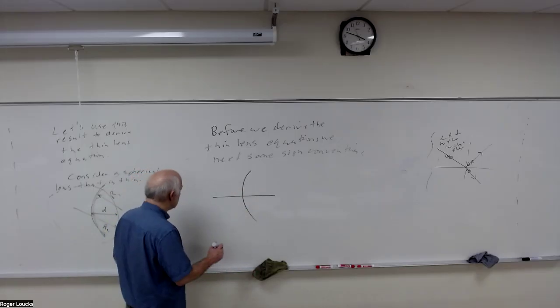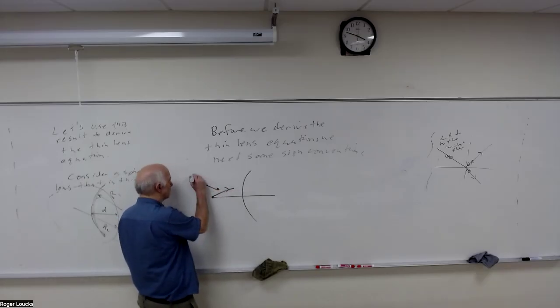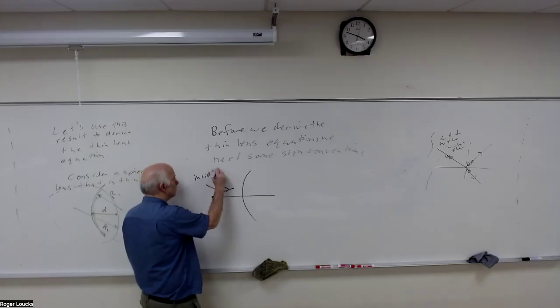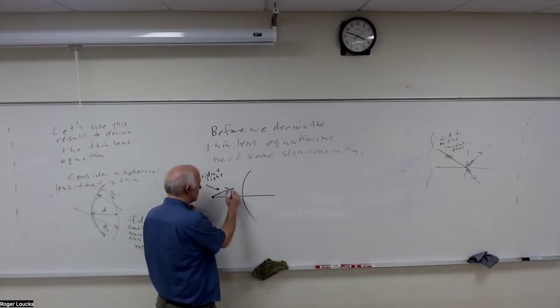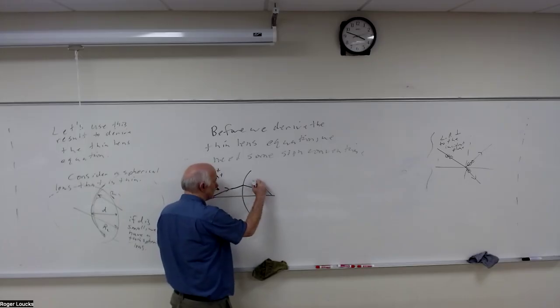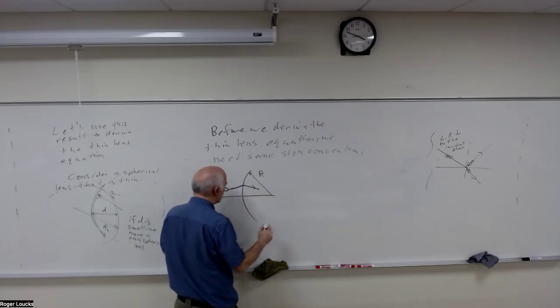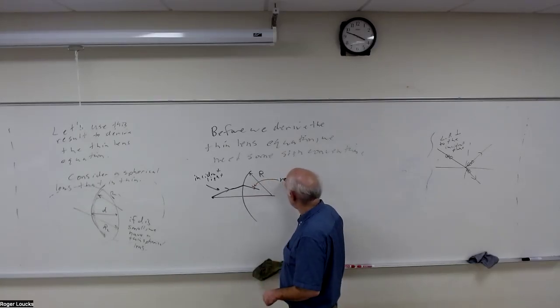So let's say here's my incident light, and here's my surface. This light's going to come in like that, and go like this. Right here's my R. So here is my refracted ray for the surface.